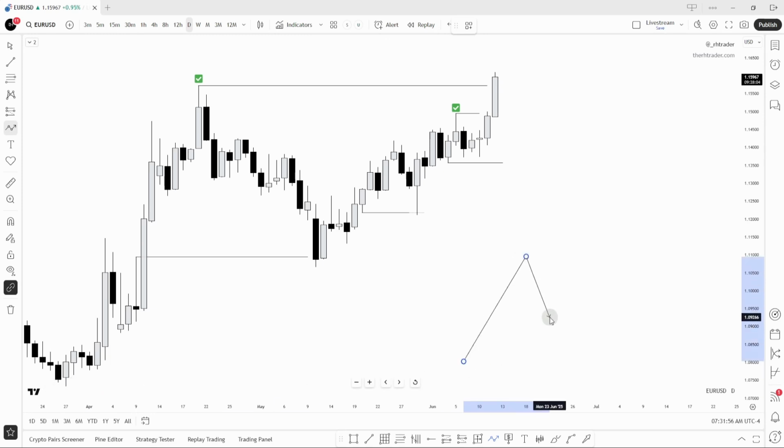You can see we have a clear bullish order flow. So these lows will remain intact, these highs will be taken. And this is this high right here. This low is this one right here.